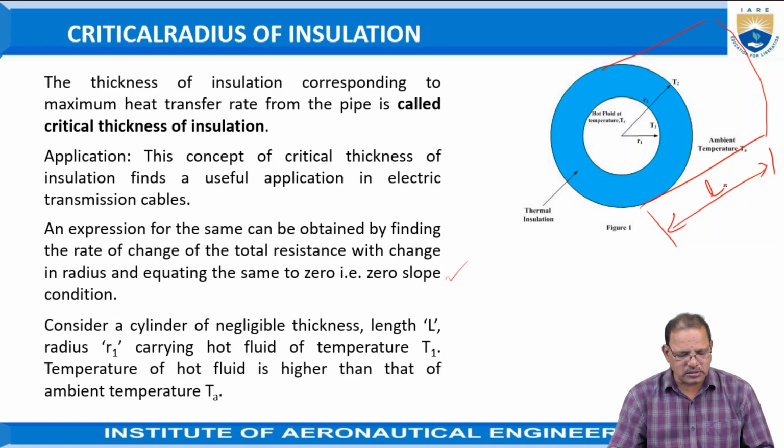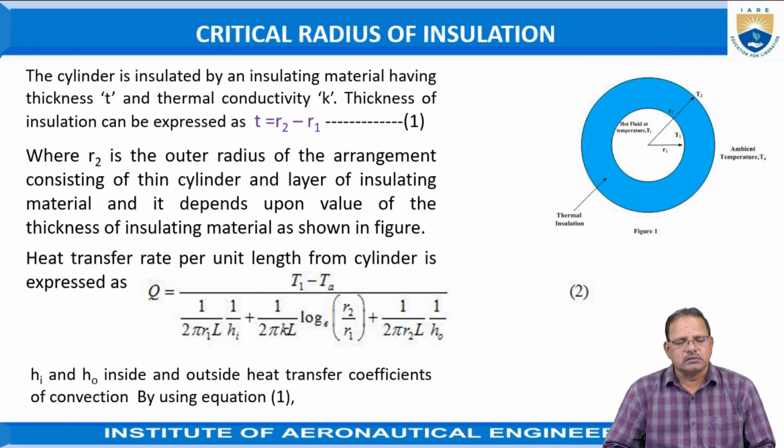L is equal to the length, and the internal radius is equal to R1, carrying a fluid at a temperature of T1, which is higher than the ambient temperature, represented here as T2, which we assume to be T infinity. The cylinder is insulated by insulating material having thickness t.